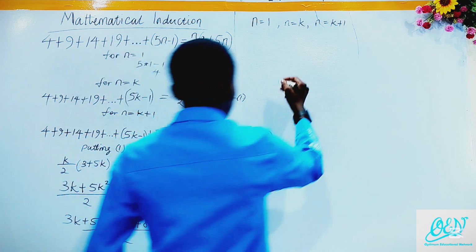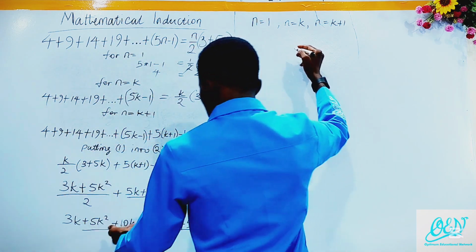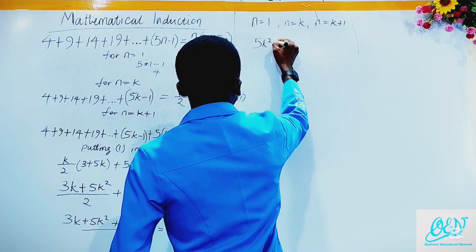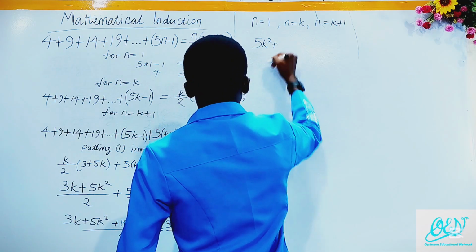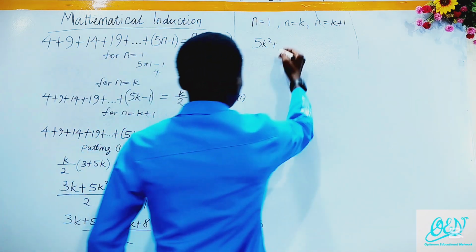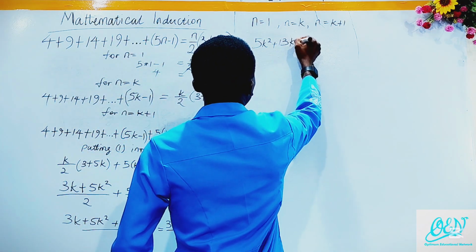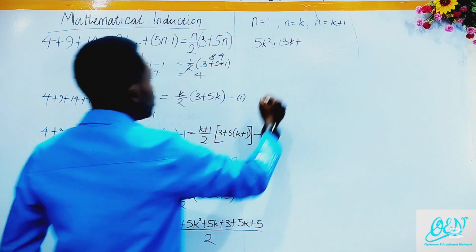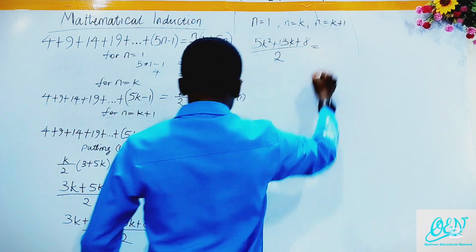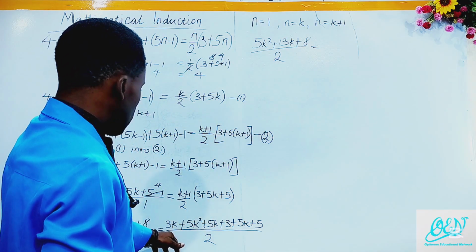So here we have, so we can arrange this now. Have 5k squared plus, now 3k plus 10k is 13k. So I have 13k plus 8 over 2 is equal to this.